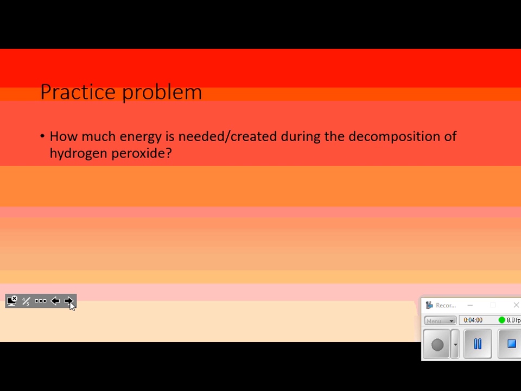If you are given a bond energy problem, either you will be given a list of the different bonds and how much energy is associated with them, or you'll be given a big data table like on page 172 or 177. In this particular problem, you are just given the different bonds, which is kind of a helpful hint for you because you're going to need to know how to draw the Lewis dot for things.